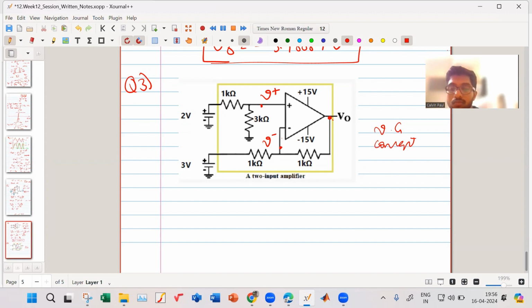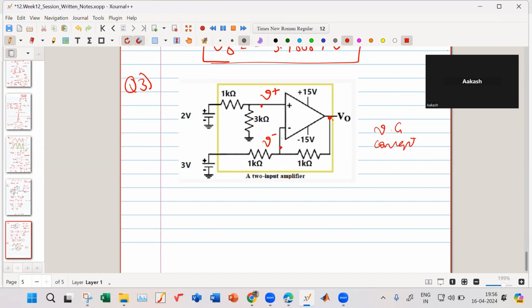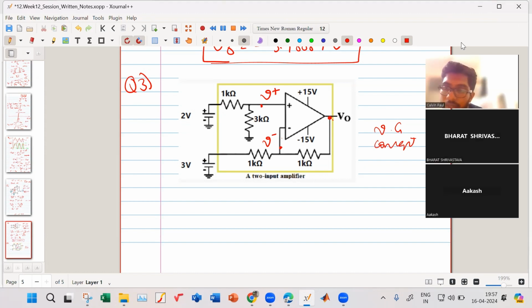Apply the potential divider rule. Okay, where will I apply the potential divider rule? At the V plus terminal. Okay, so I'll apply the potential divider rule as Bharat is saying.